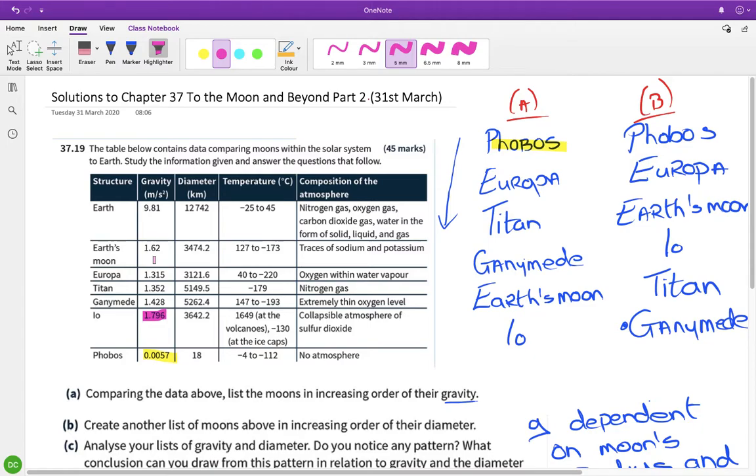You would be able to stand there. However, if someone were to give you a kick and send you off the surface of Io, you would certainly float away without anything to bring you back. So the comparison there will be very similar to the comparison between Earth and our moon.